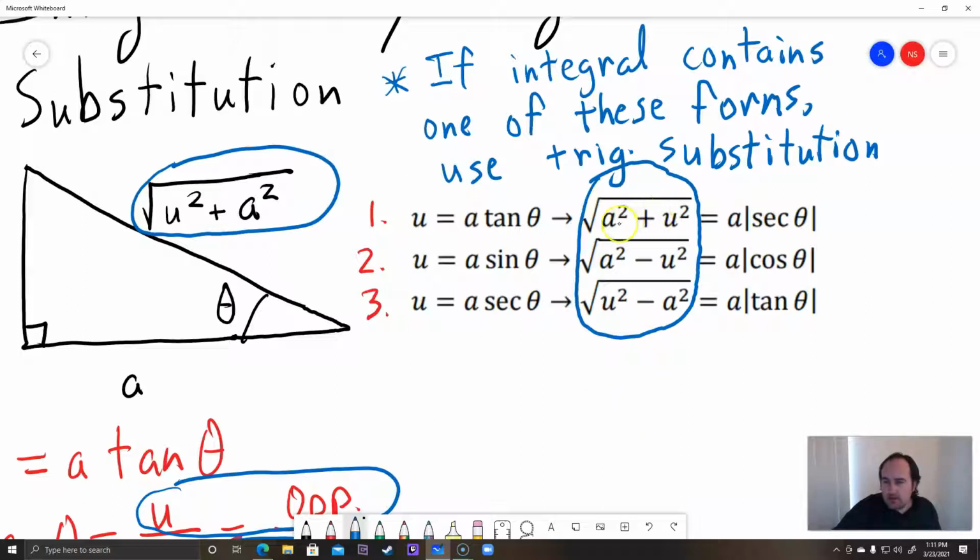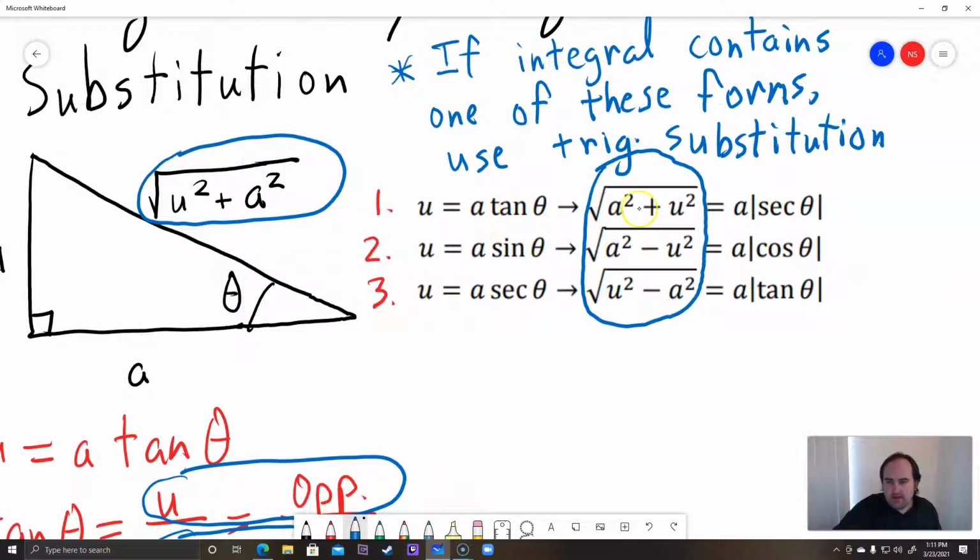Anyway, with these, when you get the square root of a squared plus u squared, that simplifies to a times absolute value of secant of theta. Okay? And you'll see that when I do an example. You'll see why it simplifies to this. But basically, if you plug in a tangent of theta for u here, you're going to get a squared plus a squared tan squared of theta.